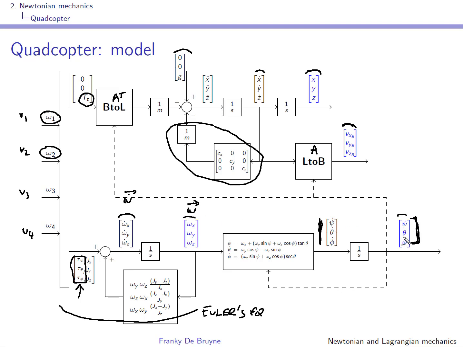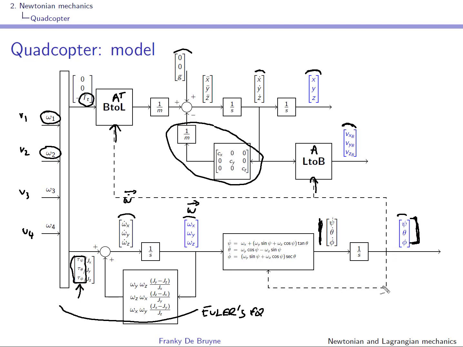And these I have to use because they come into the transformation local to body, and here body to local. This involves trigonometric functions of these variables.